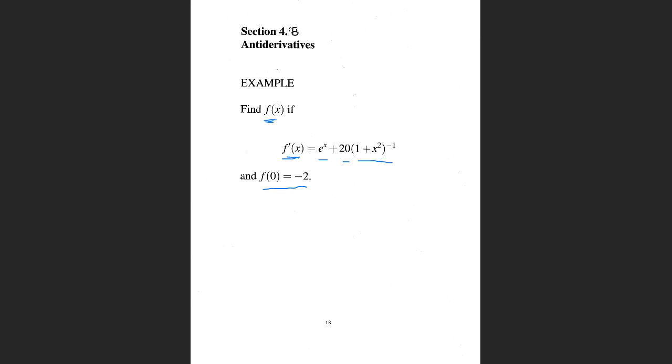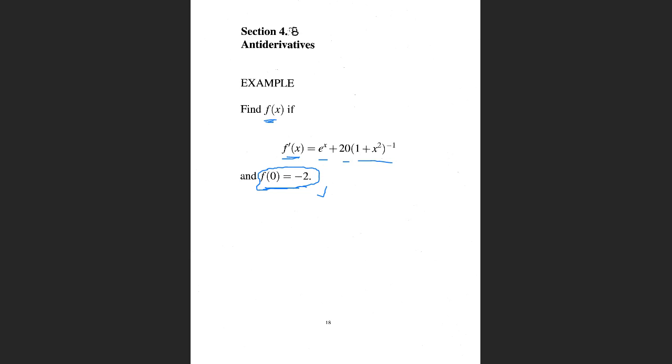We're going to be told that when x equals 0, the function equals -2. General antiderivatives always have those constant c's with them, but if we specify an initial condition, we can solve for that constant. So let me show you how to go about this problem.